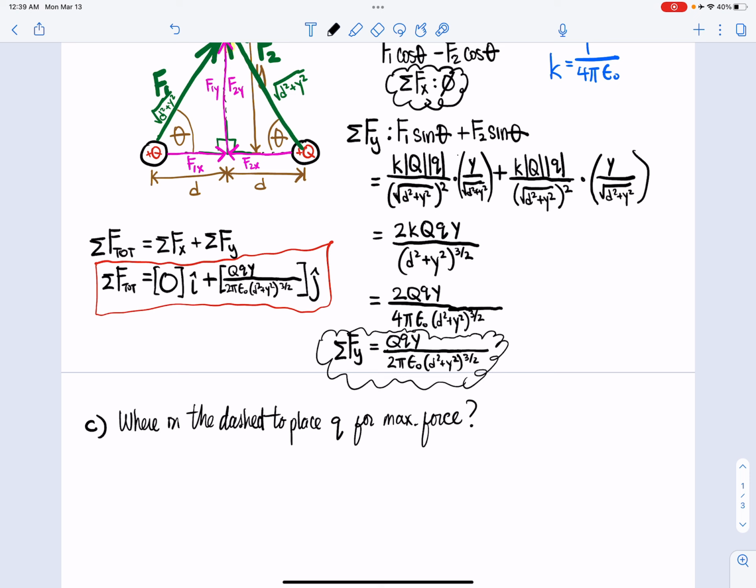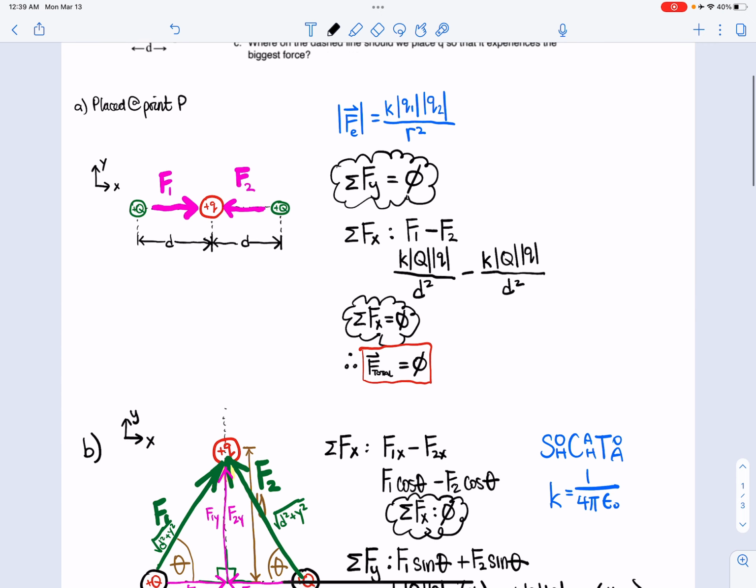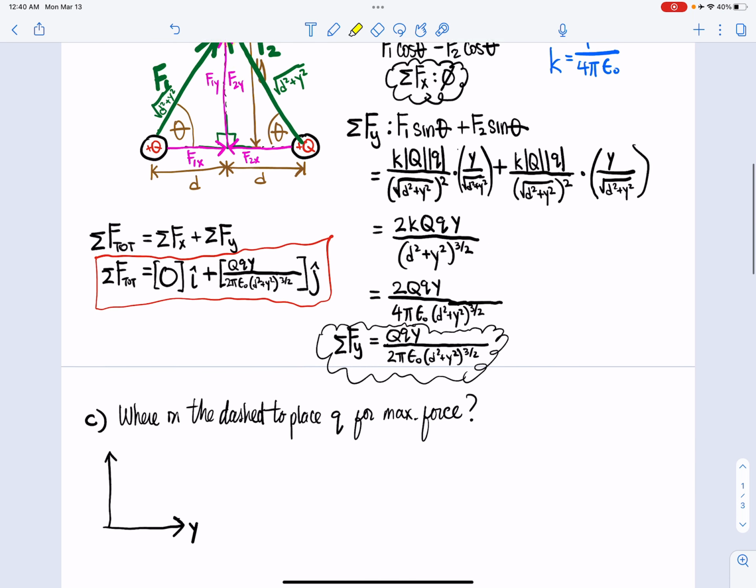So let's think of derivatives of functions again. Let's say I was plotting a graph, and let's call this axis y, and that's going to be the distance along the dashed line that I can place Q to experience the biggest force.